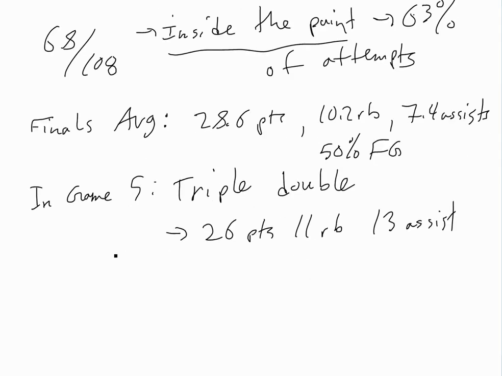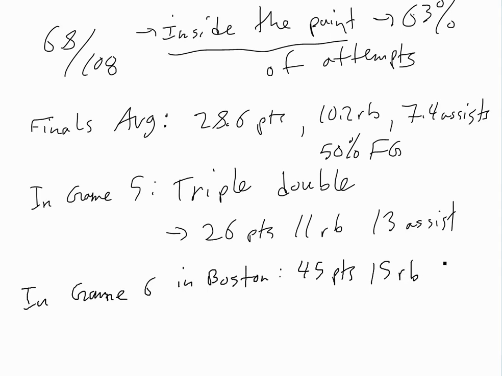And then if you compare this to his Game 6 in Boston, where he shot incredibly from outside the paint, he had 45 points, which is unbelievable, and then 15 rebounds and five assists. This is unbelievable in any game in the playoffs or whatnot.